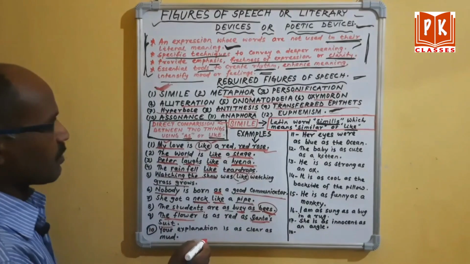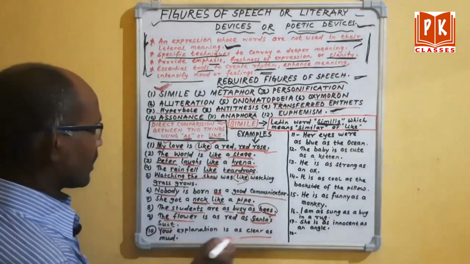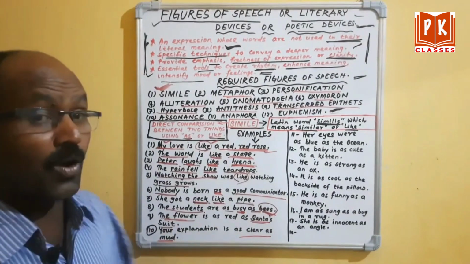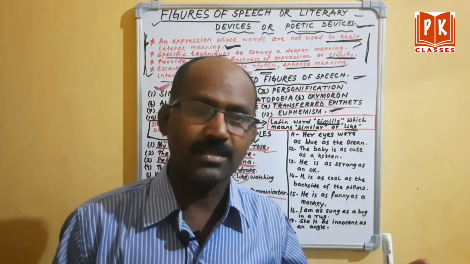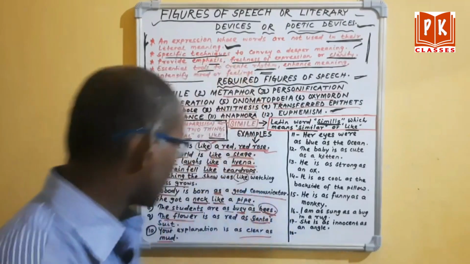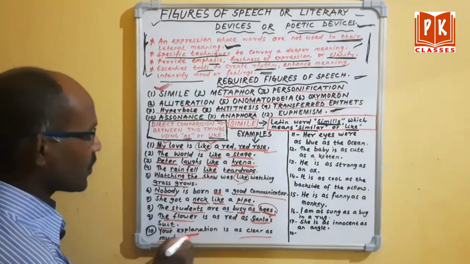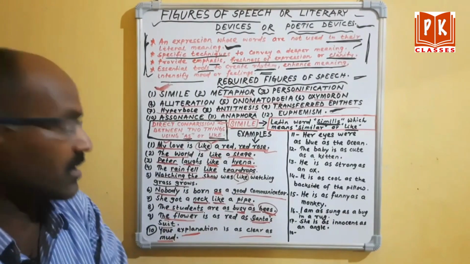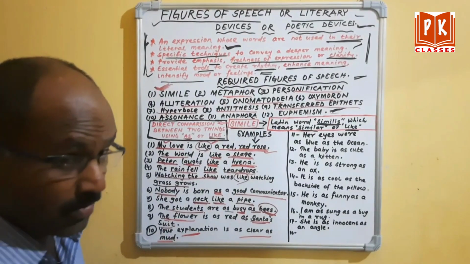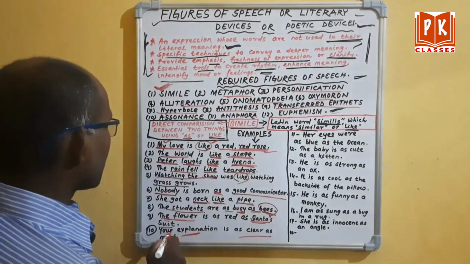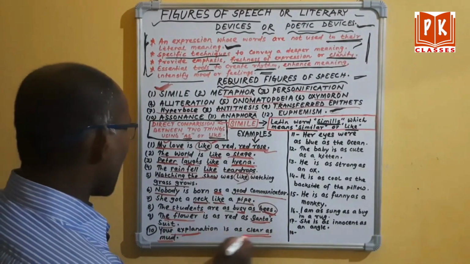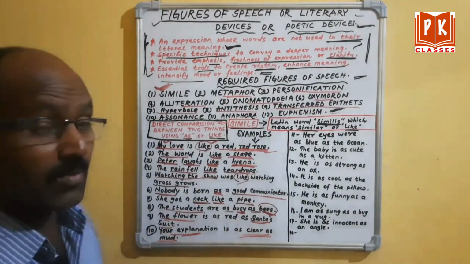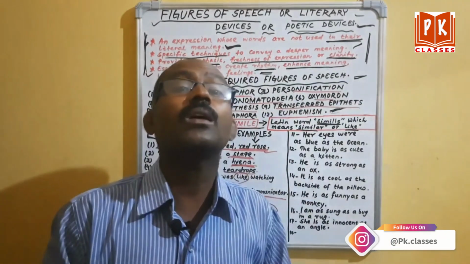Then, "Your explanation is as clear as mud." Mud means you cannot get clarity. Suppose my explanation is not understandable, what can you say? You can say that Sir's explanation is as clear as mud. That means we are not able to understand.